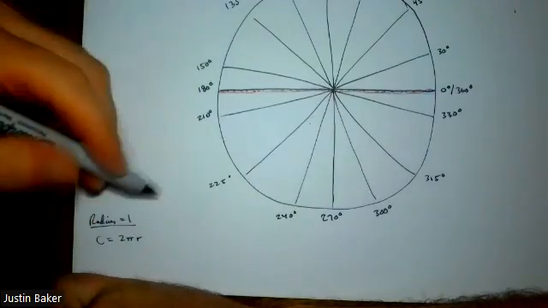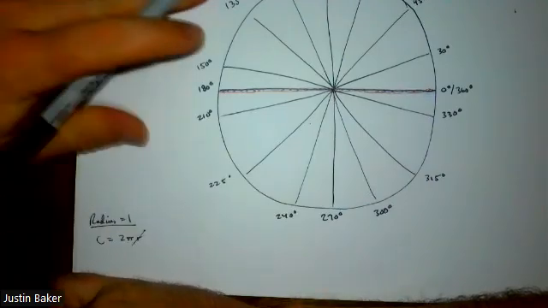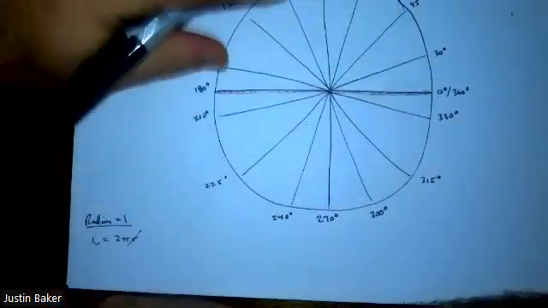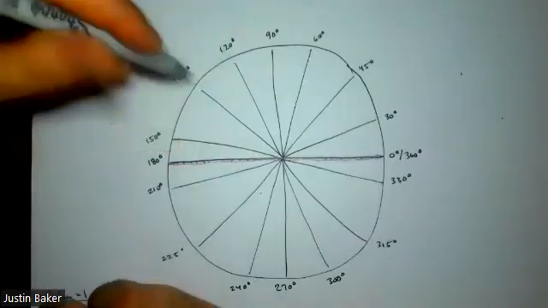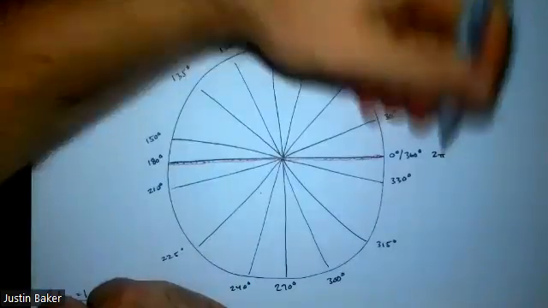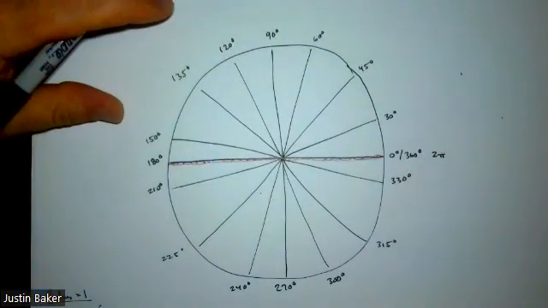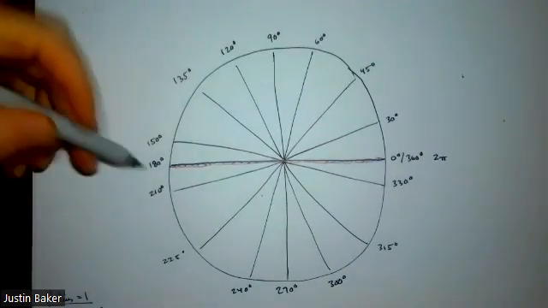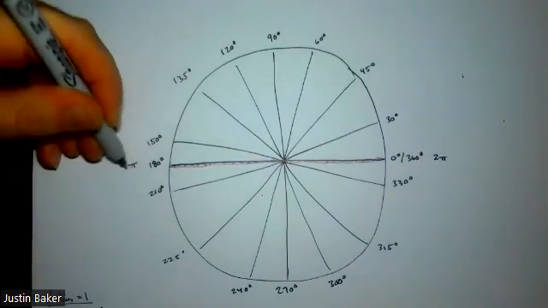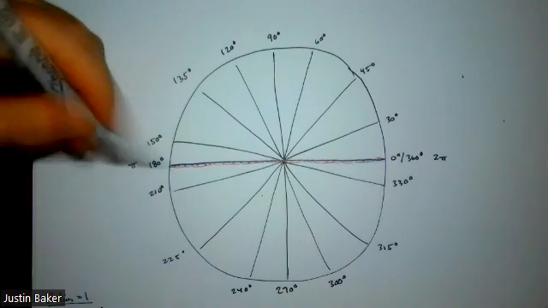So a real brief explanation on this is that if the radius is r, the circumference of this circle is 2 pi. And if that is the case, we can say that in radians, the end of this circle is 2 pi. And for that reason, 180 degrees is equal to pi, because that's half of 360.